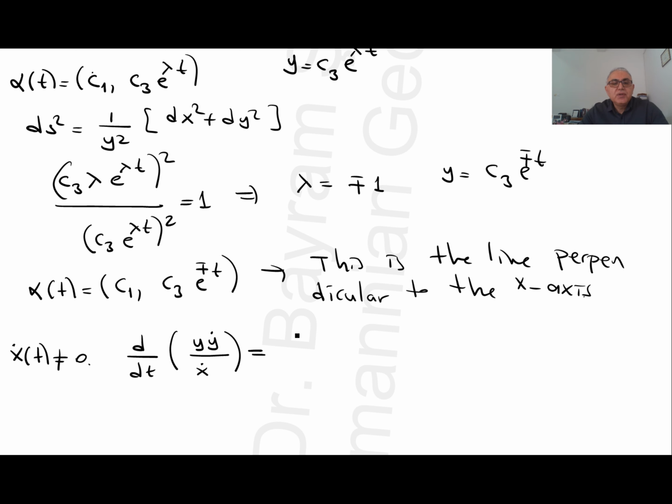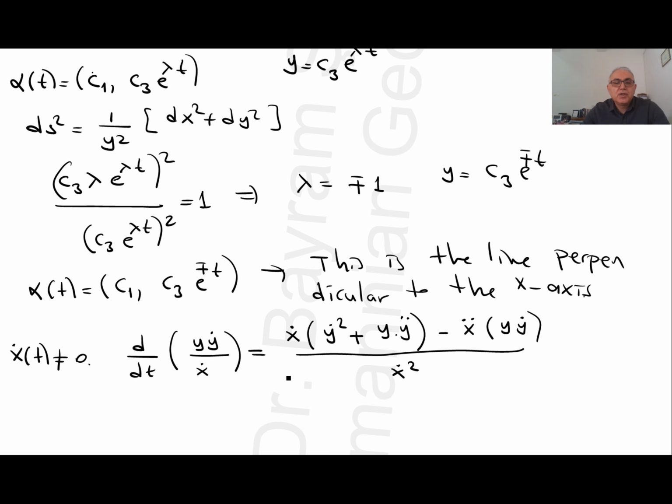So if we take the derivative, we find x dot times y double dot minus y times x double dot, times y prime over x dot square. So the derivative ratio.